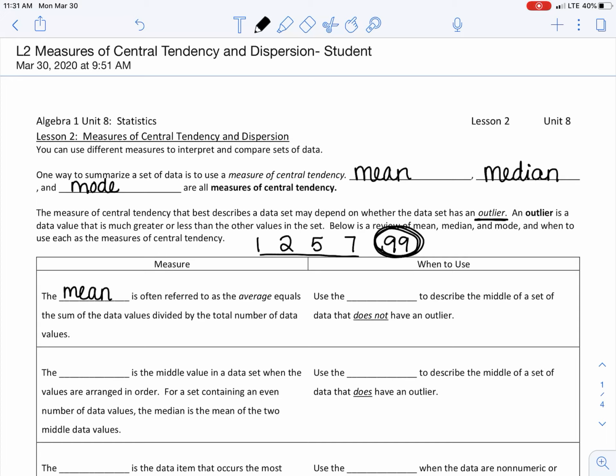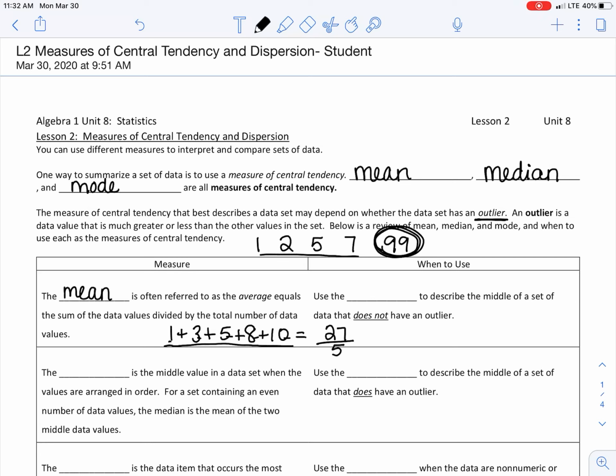So if we had, let's just say, 1, 3, 5, 8, and 10 as our data set, we would add all these numbers together, so add them all up and set them equal to whatever they equal, which, let me do this math in my head real quick, maybe 27, I think. And then you'd take that number and divide it by how many numbers you actually have in your data. So we have 1, 2, 3, 4, 5. So you'd divide that by 5.